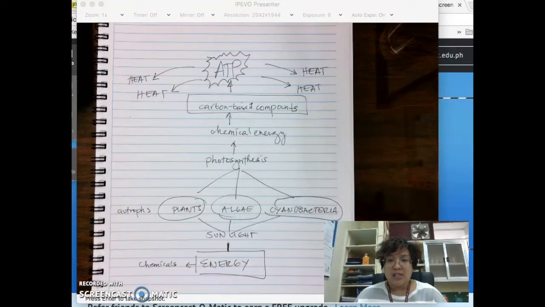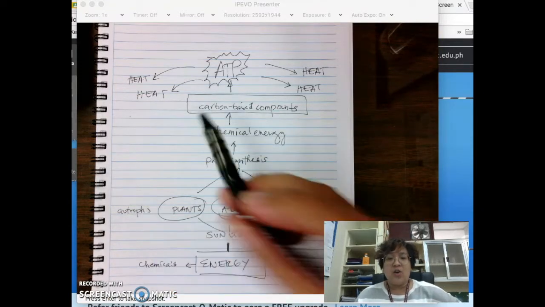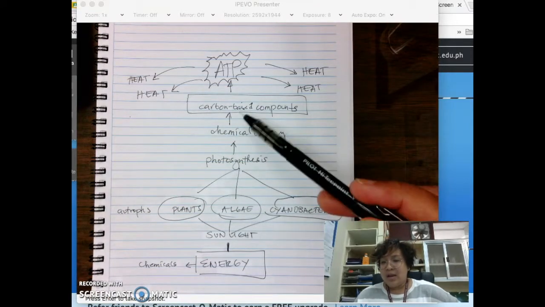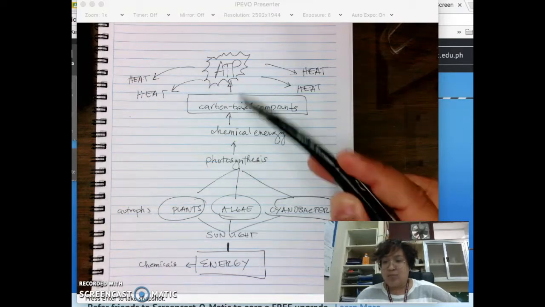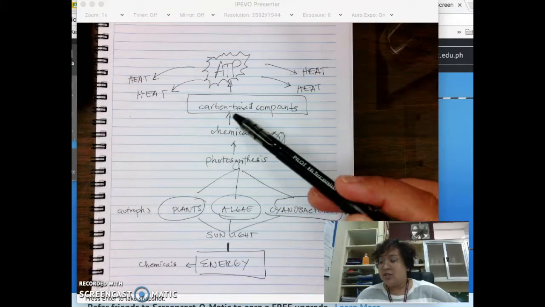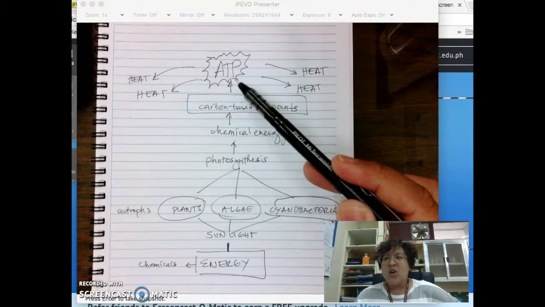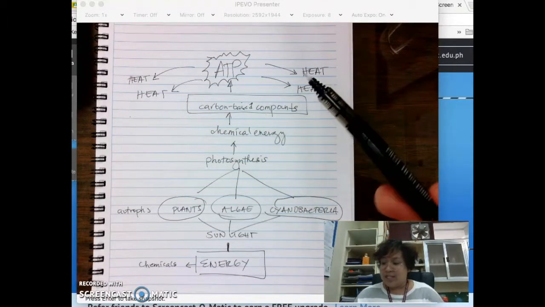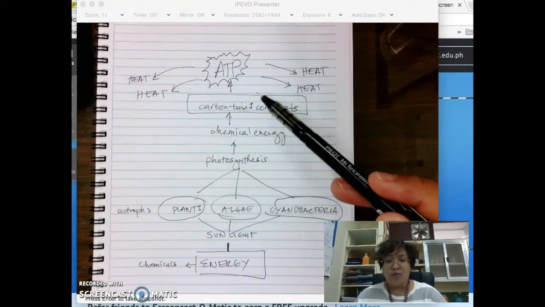This abides with the second law of thermodynamics, which states that transformation of energy is not always 100% efficient. So transforming chemical energy into a usable form, it's not always converted into a usable form of energy. Some of it is wasted, and in this case, it is in the form of heat.